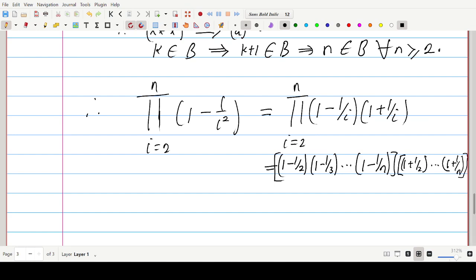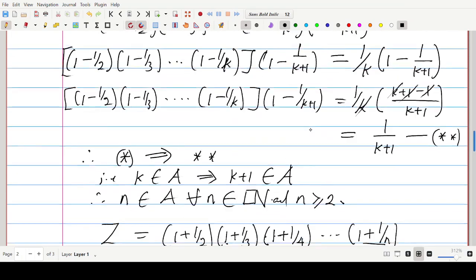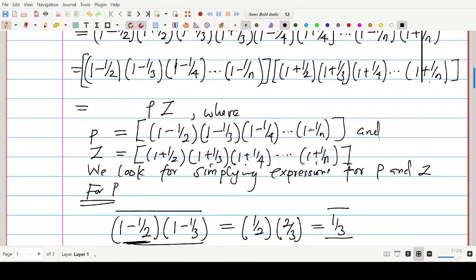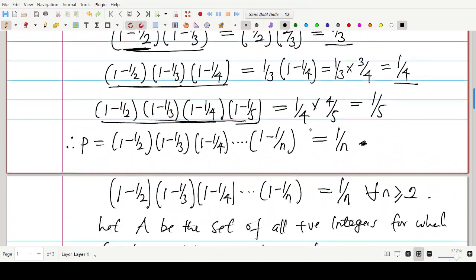And we've obtained a simplifying expression for the first expression in this square parenthesis. That is P, and our value for P was 1 over n.